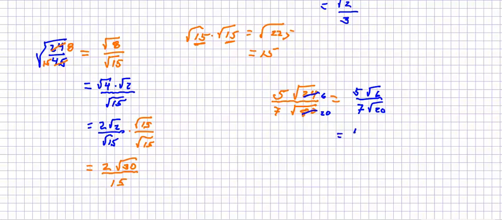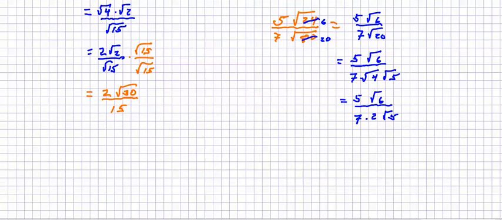So I can write this as 5 square root of 6 over 7 times square root of 20, 4 and 5, or 5 square root of 6 over 7 times 2 times the square root of 5. And we're almost done.